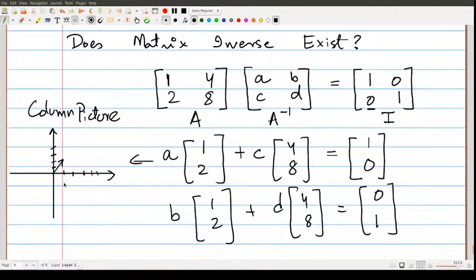This is a vector which has 1 in the first direction and 2 in the second direction. And if I draw the next vector, if I want to take linear combinations with this, it is 4, 8.